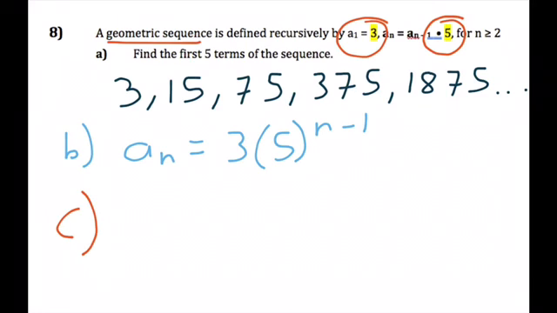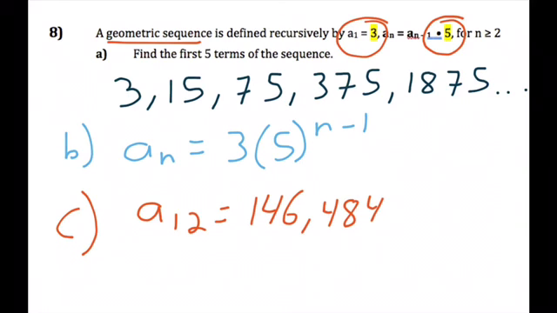Okay, and C, to find the 12th term, a sub 12 equals 146,484,375. If you didn't get that number, you probably forgot to put parentheses around the 12 subtract 1.